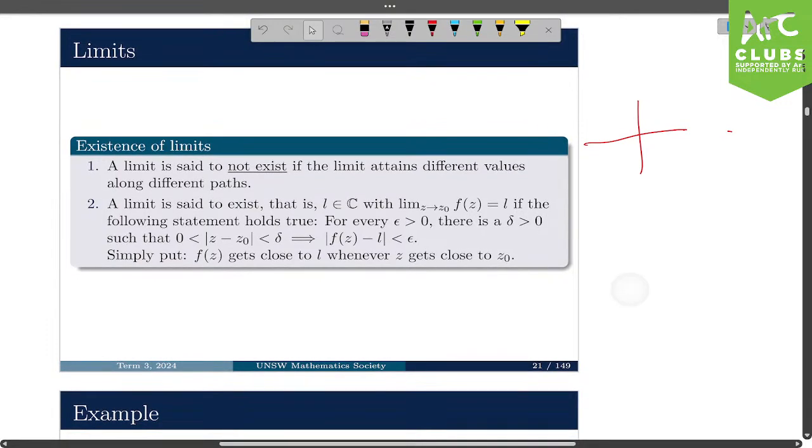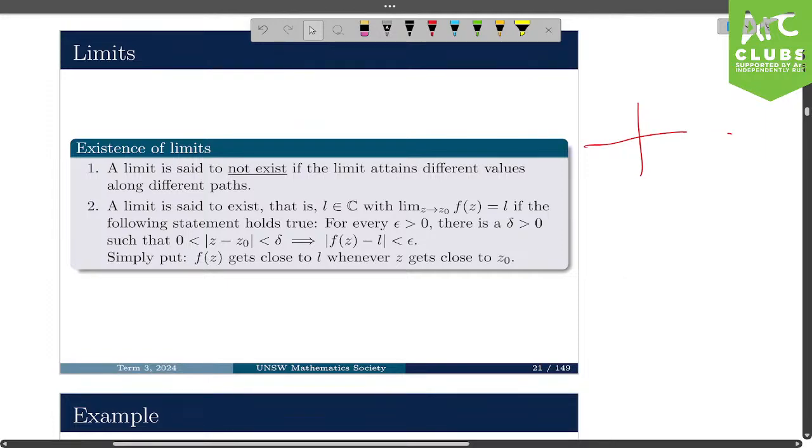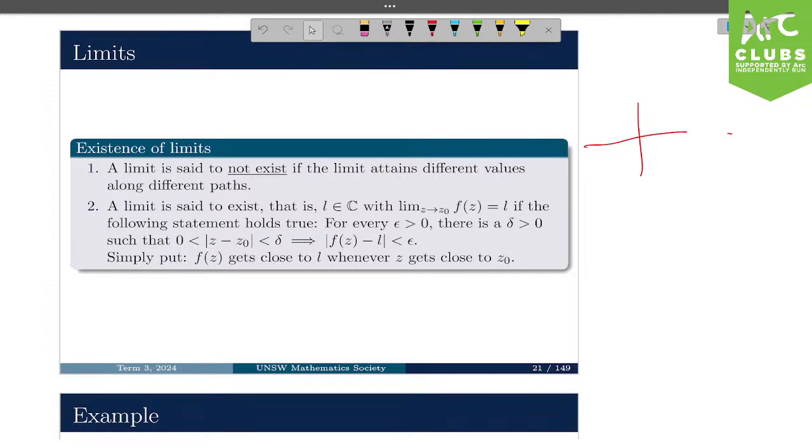So for existence of limits, a limit doesn't exist if it attains different values along different paths. For example, if along one path towards z1 we get i, and another path gives us minus i, it doesn't have a limit. And it exists if every single path gives the same value.